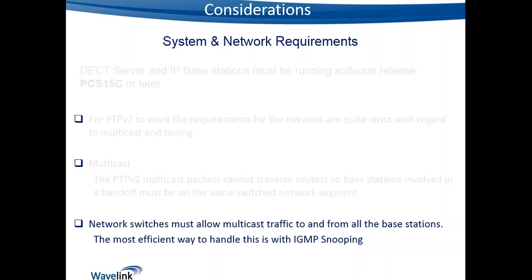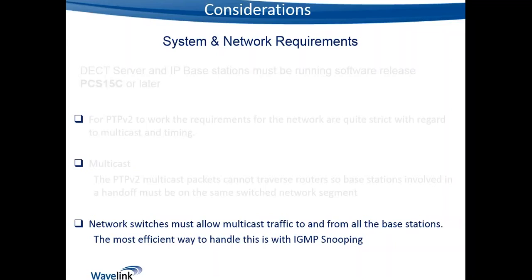For example, you might have a mixture of base stations, PCs, printers, and other devices on your network switch, and all you want to do is have this PTP multicast traffic going between the base stations and the DECT server. Okay, so you want to make sure you can manage that.